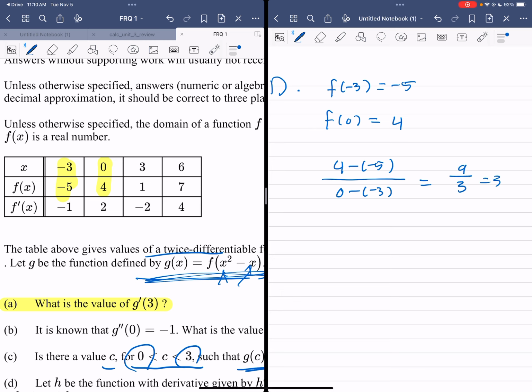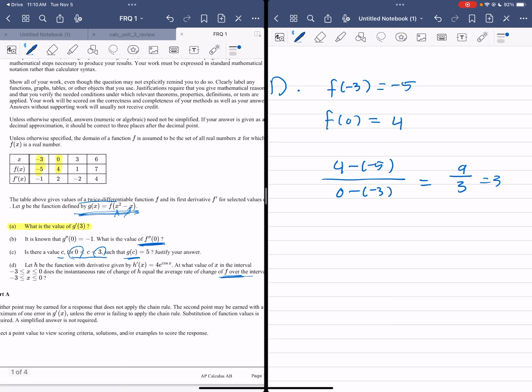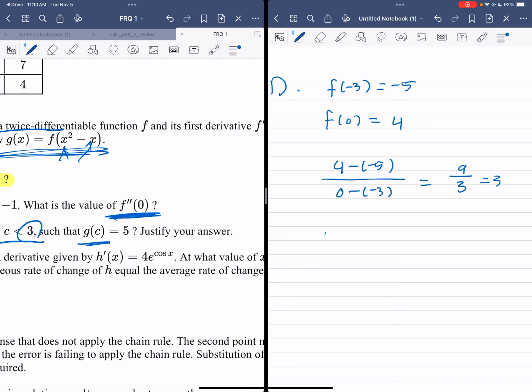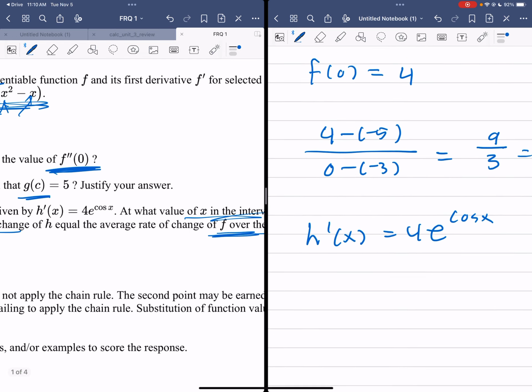Now, the only problem is you have to see where they're gonna be equal to each other. h prime of x equals 4e to the cosine of x, because the question is asking at what value of x is the instantaneous rate of change equal to the average.